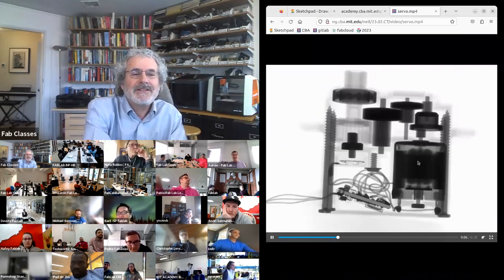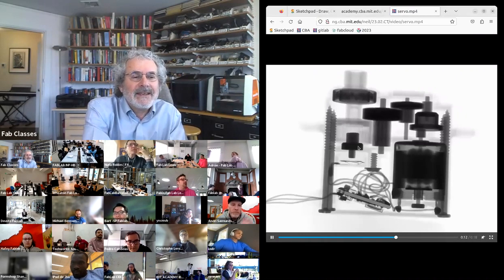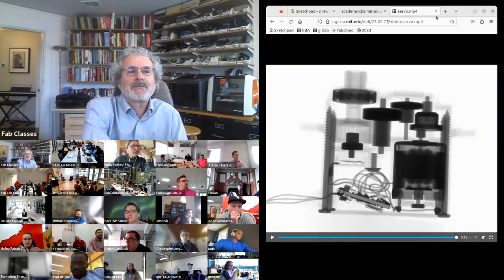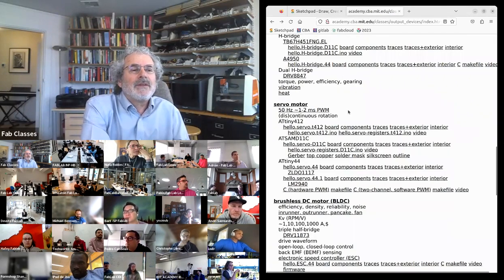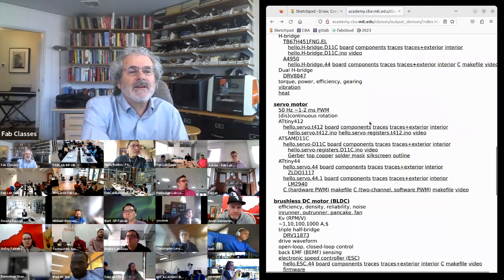So here's the DC motor. Here's a reduction gear train. And then here's a potentiometer measuring the angle. And then here's a little control circuit. So it's very simple to drive these. There's almost nothing going on here.